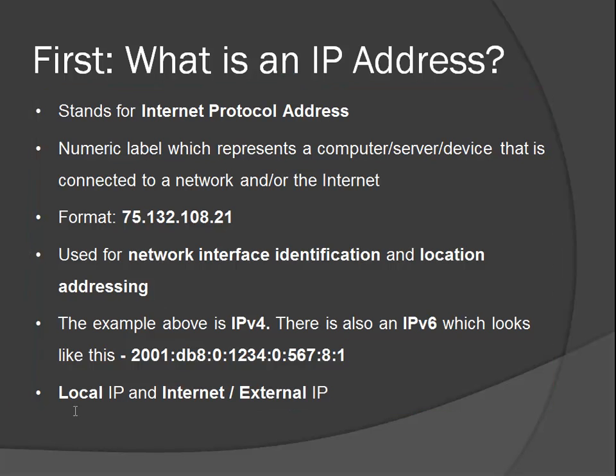There are local IPs and internet or external IPs. So if you have a wireless router in your home and you have, let's say, a desktop in your office, a laptop in your kids' room, and a desktop in your living room, each one of those has a separate IP address on your network.